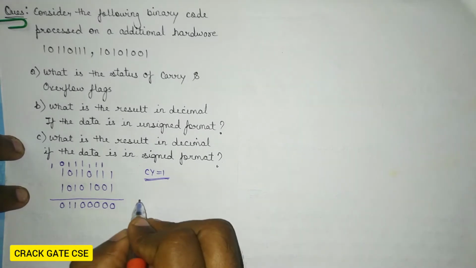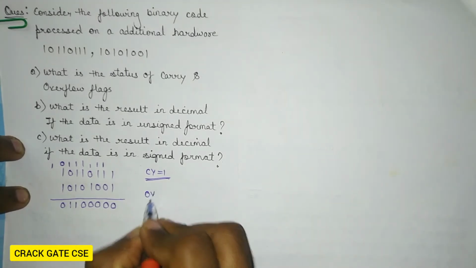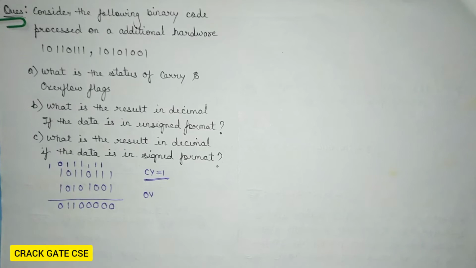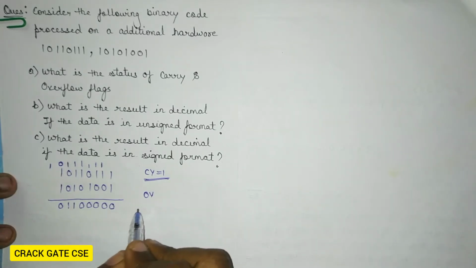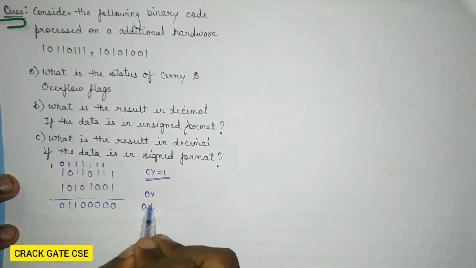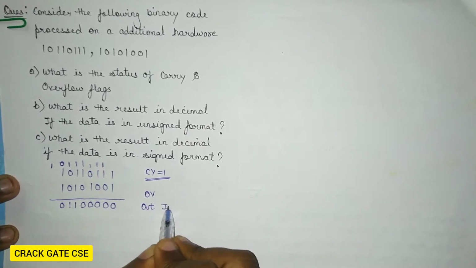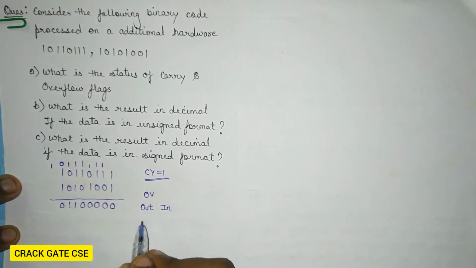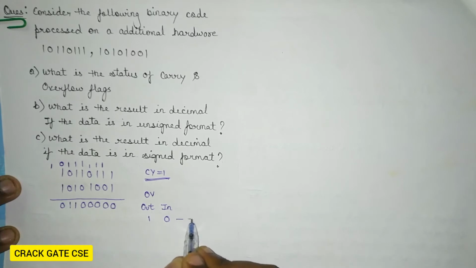Now we have to check for the overflow flag. For the overflow flag, there was a basic condition that I already explained in previous videos: there are two things we have to observe. One is out carry and another one is in carry. If out carry is 1 and in carry is 0, then this is considered a negative overflow.